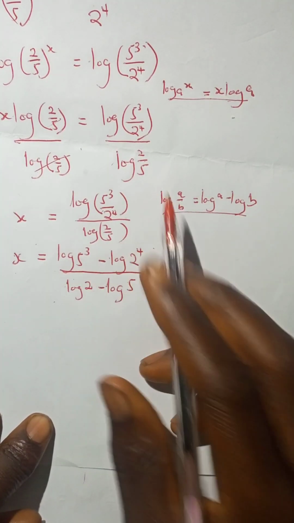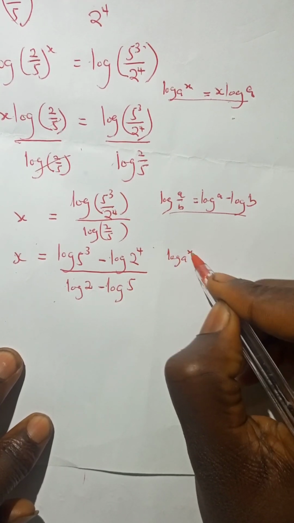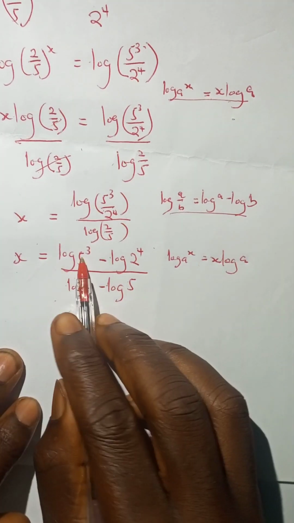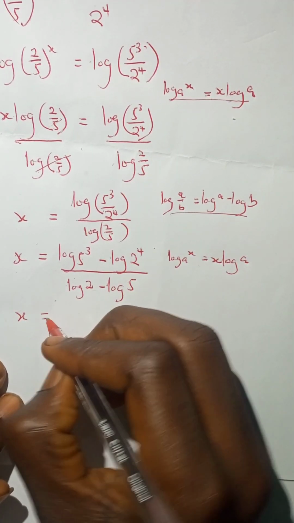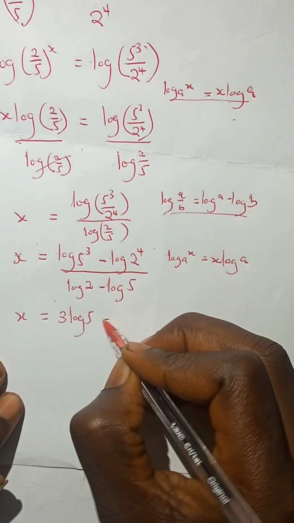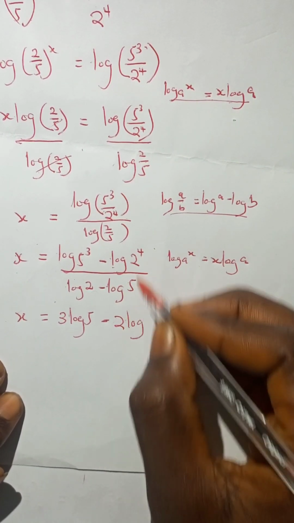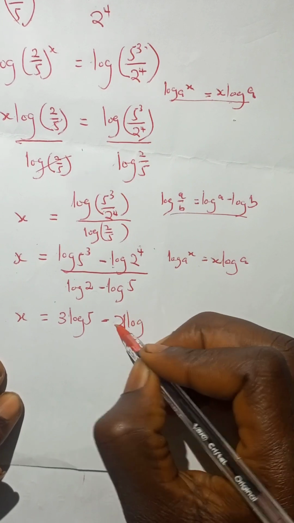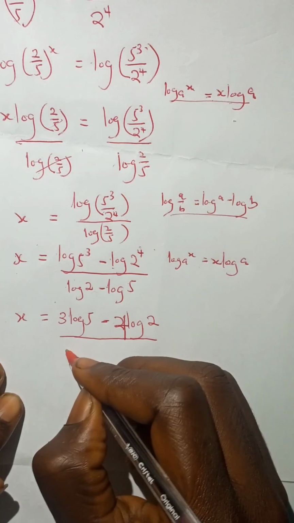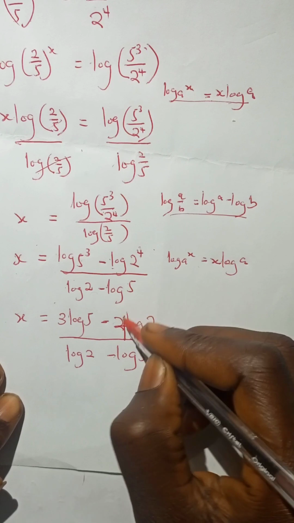Okay, so here we apply our rule that log of a^x equals x log of a. So here x equals, this 3 will come here, 3 log of 5 minus this 4 will come here, 4 log of 2, all over log of 2 minus log of 5.